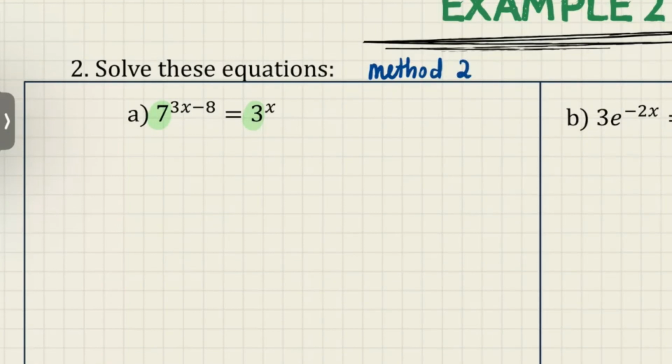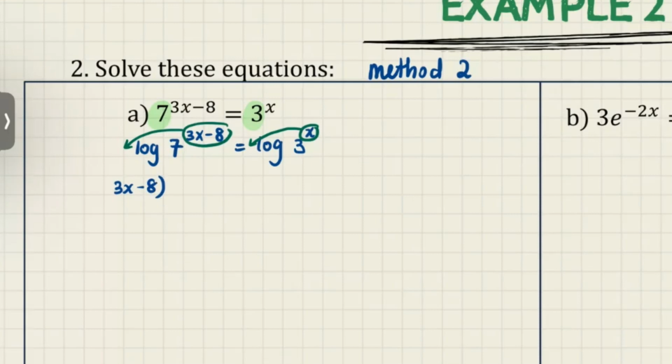Okay, so kalau taking log on both sides, saya ada log 7 to the power of 3x minus 8 equals to log of 3 to the power of x. Okay, so log ni kalau saya tak tulis apa-apa, maksudnya base dia adalah base 10. Now using the properties of log, kan, power kita boleh bawa dia pergi depan. So it will be 3x minus 8 multiplied by log 7 equals to x log 3.